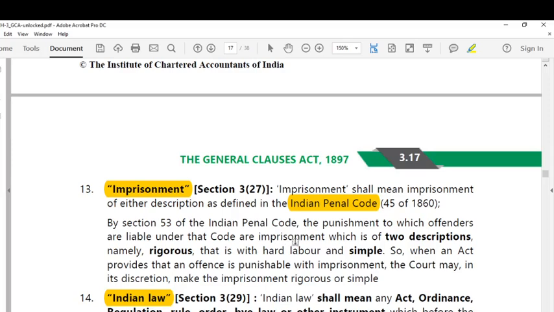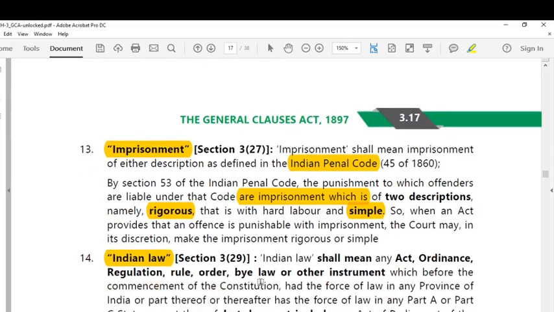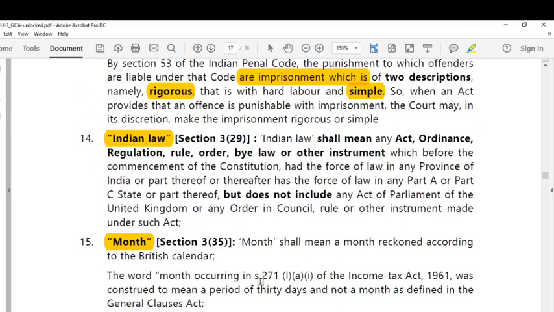In the IPC, the punishments to which offenders are liable under that code include imprisonment, which is of two descriptions, namely rigorous, that is the hardcore, and simple. So when an act provides that an offense is punishable with imprisonment, the court may, in its discretion, make the imprisonment rigorous or simple.